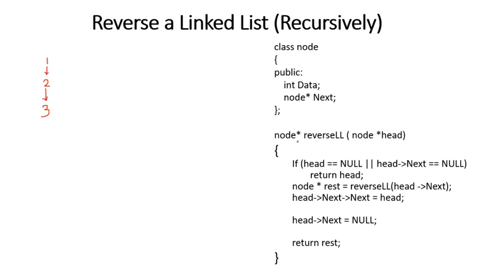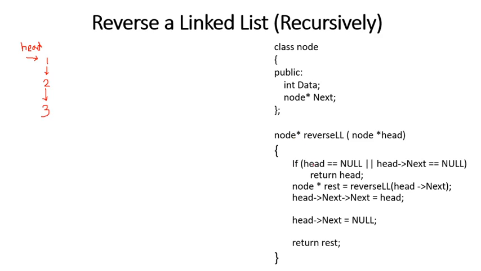Now control comes to the recursive reverse function, which takes the base address of the list to be reversed. Here the base address is this head, which is pointing to node 1. And it returns the base address of the reversed linked list.